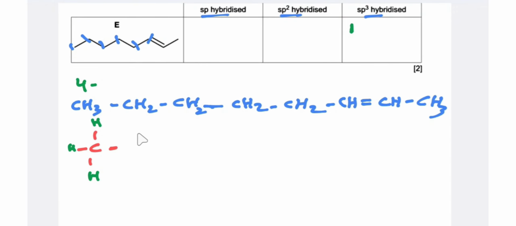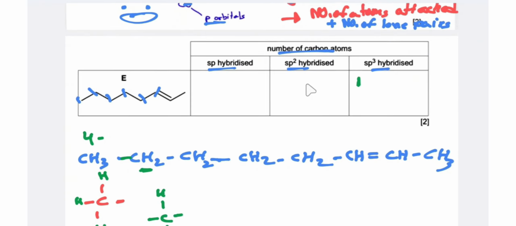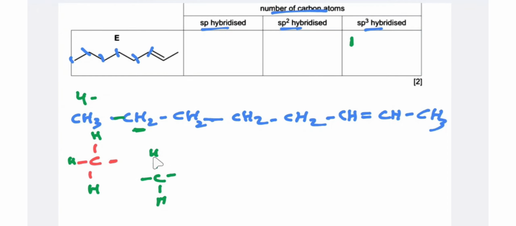Then this carbon is attached to one carbon, then hydrogen, and one to this carbon. So it is attached to 4 atoms, and since it has no lone pair, it is sp3 hybridized.